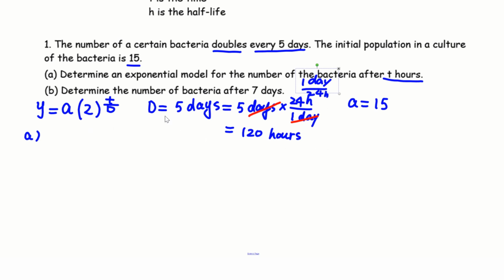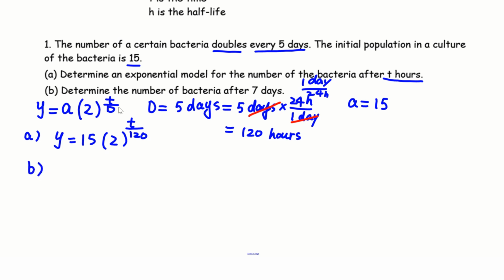So now we sub the a and d values into this general formula. Then it's 15 times 2, because the base is 2 involving doubling period, to the exponent t over 120. This is the answer for question A. This is the exponential model. 15 is the initial value and the base is 2, so every 120 hours it will be doubled.